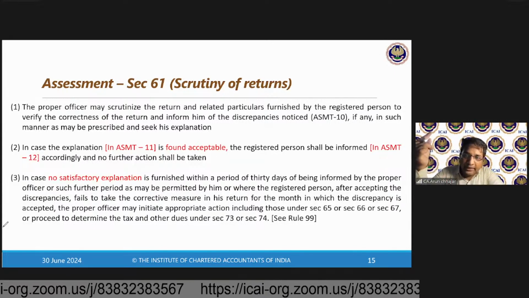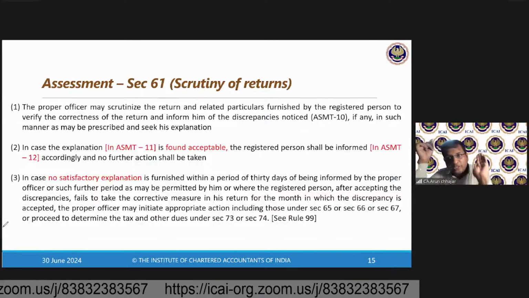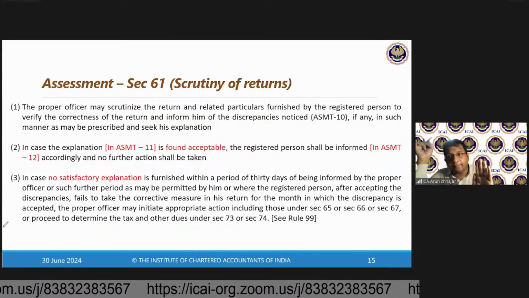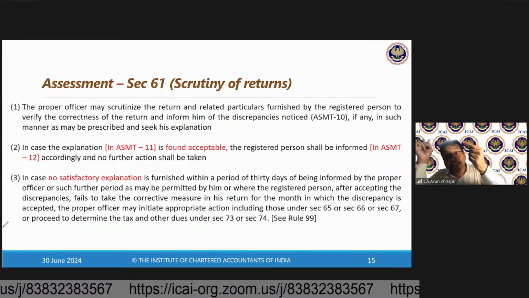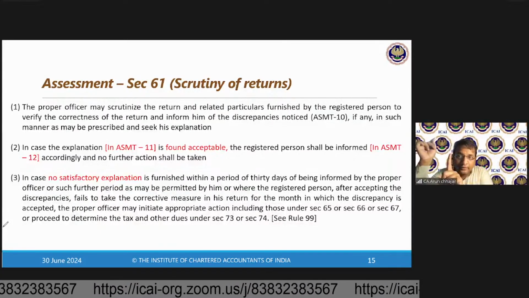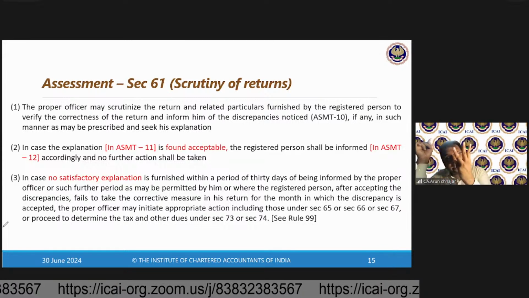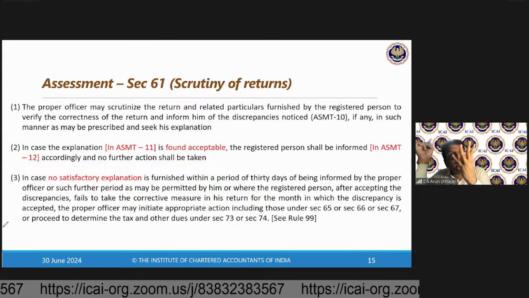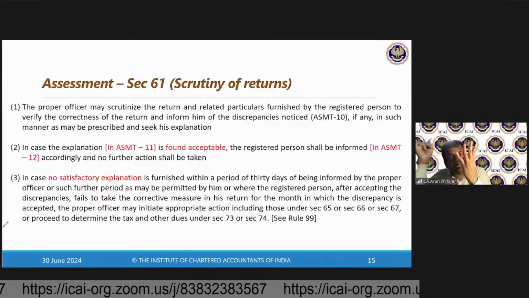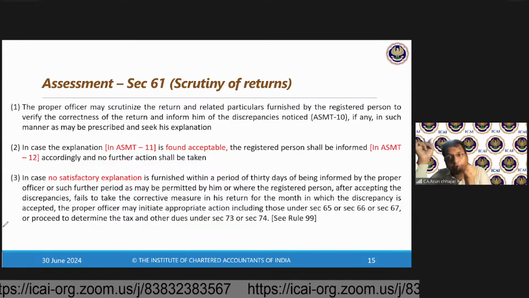I will give the reply in the ASMT 11, and finally, either my reply is not satisfactory or I have not given the reply. Then they will take any action. Either they will initiate the audit, they will initiate the inspection, search seizure, they will determine the tax under section 73, or they will determine the tax interest penalty under section 74. These are the actions that can be initiated by the officer.